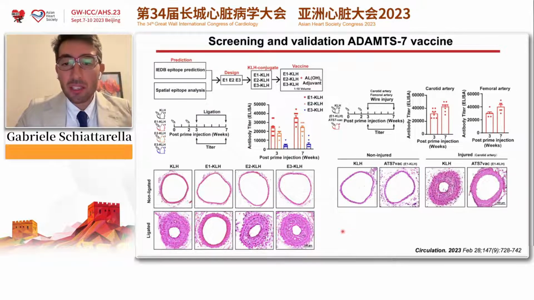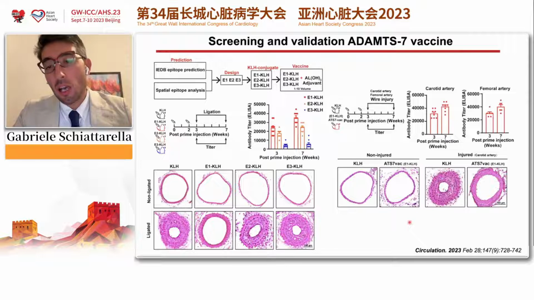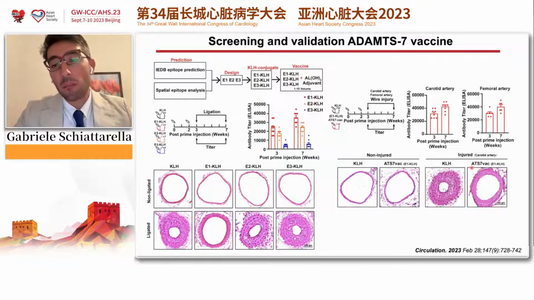So they developed a vaccine, they immunized animals, and they tested it in a mouse model of carotid injury. As you can see here, this vaccine, this epitope of ADAMTS, is greatly able to reduce neointimal formation after injury.